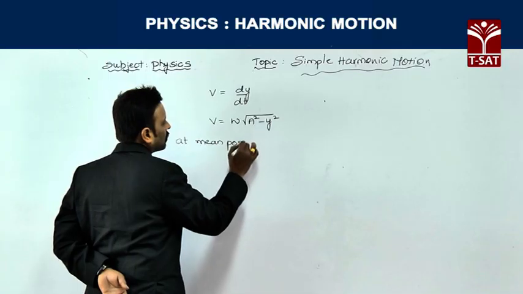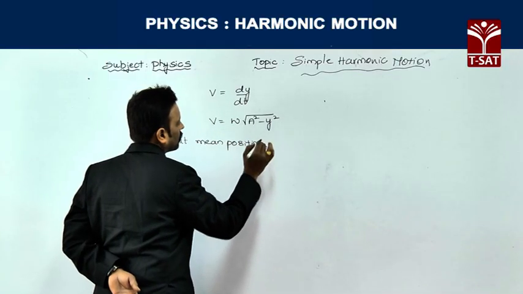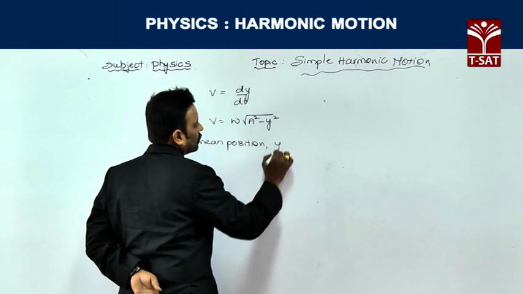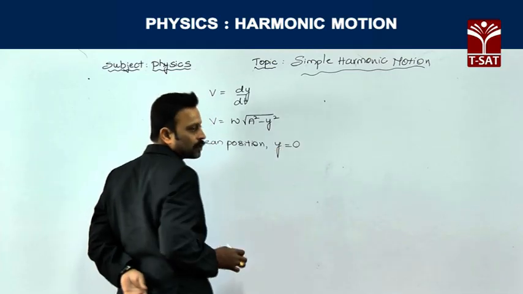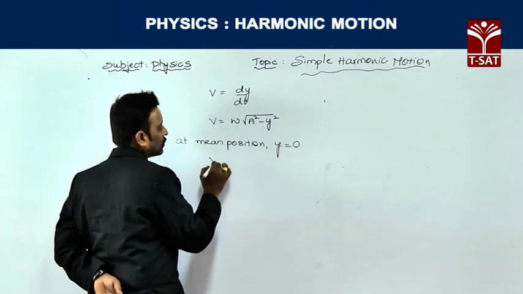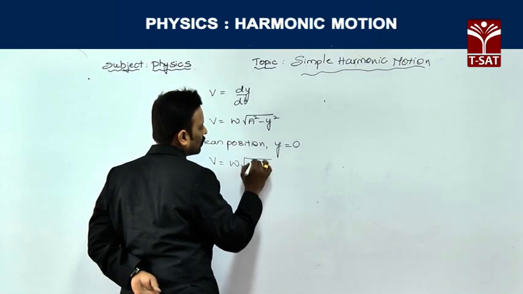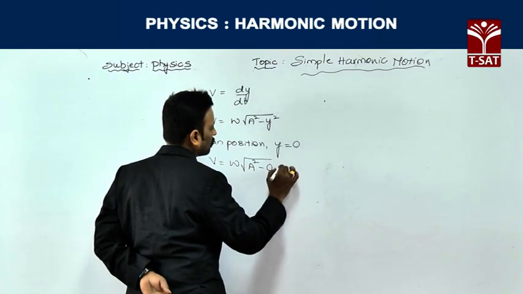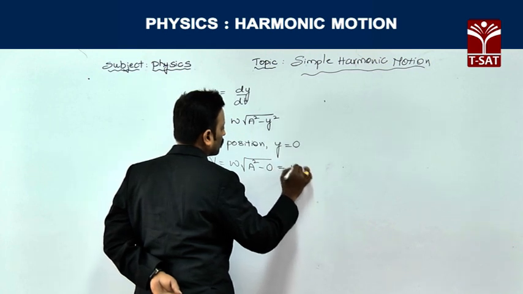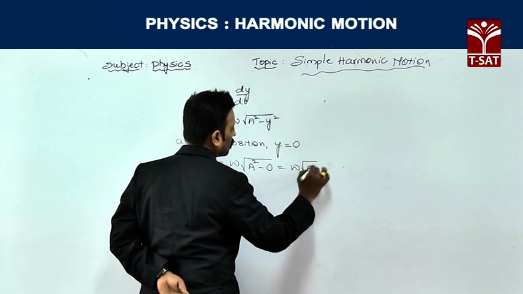At mean position, displacement of the particle y is 0. So velocity is equal to omega root a square minus 0, that is omega a.